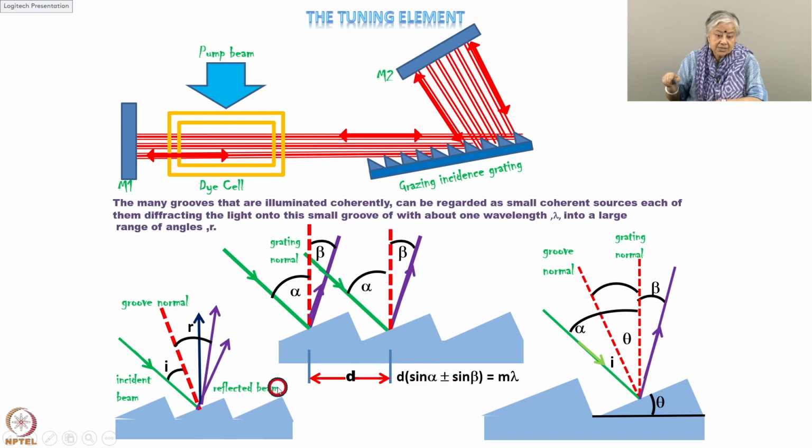Now, you have a look at this picture. This is also an expanded view of the grating, but here this is normal to the groove, and this groove also has a particular shape. Why does it have such a particular shape? You can get the diffracted action from a grating even if you had grooves like this.